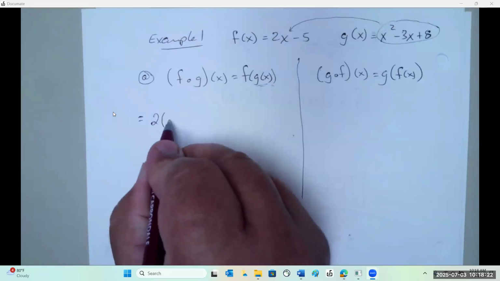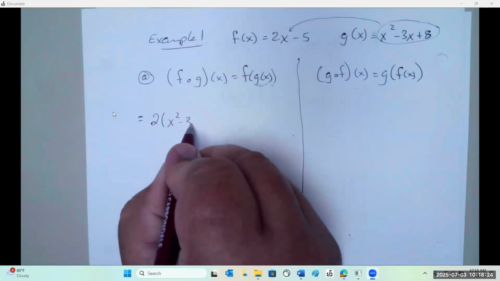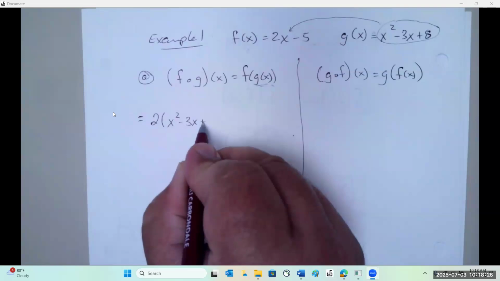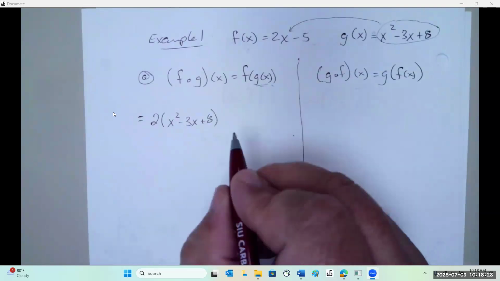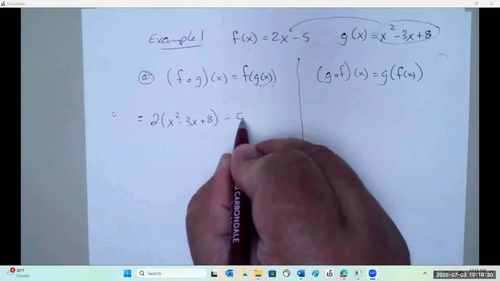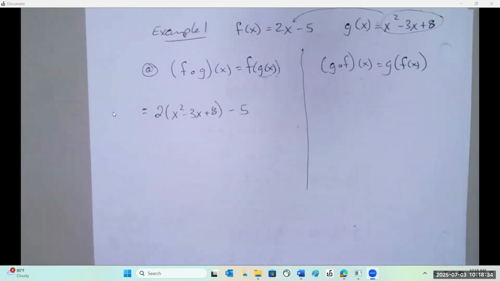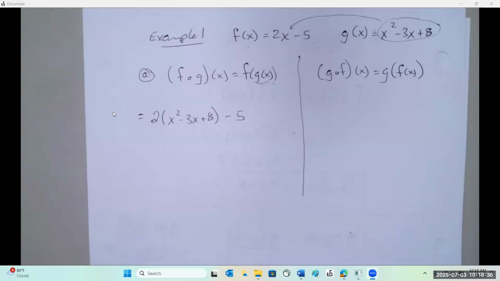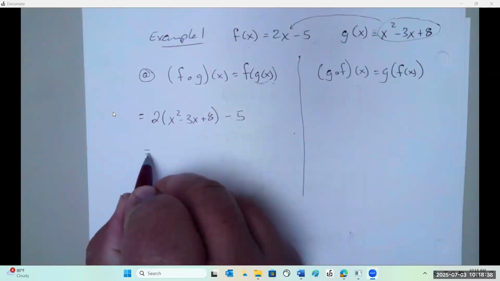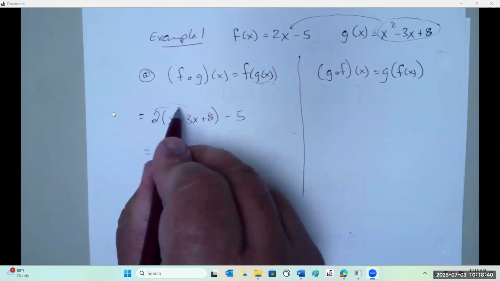So it's 2 times (x squared minus 3x plus 8) minus 5. That's how FOG works. Get rid of the parentheses, distribute.